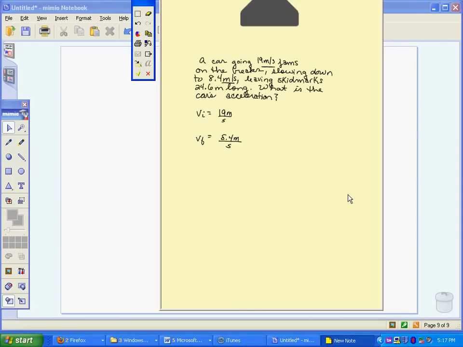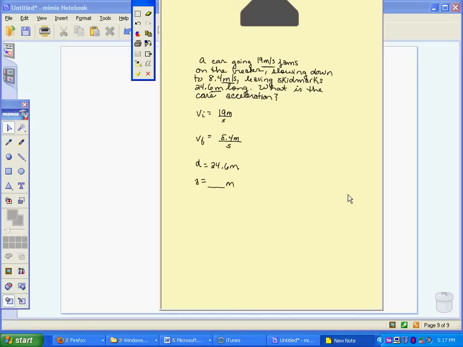Now we also have this term, 24.6 meters. Anytime you see meters, that's going to be distance. So 24.6 meters. We are solving for acceleration. The units that we're going to use will be meters per second squared, because I've got meters per second and then I've got meters for my distance, so the unit's going to be meters per second squared.